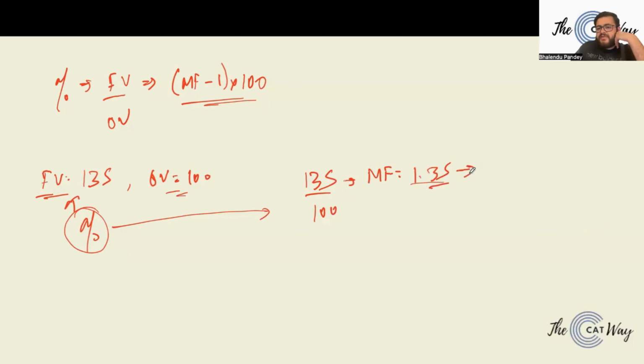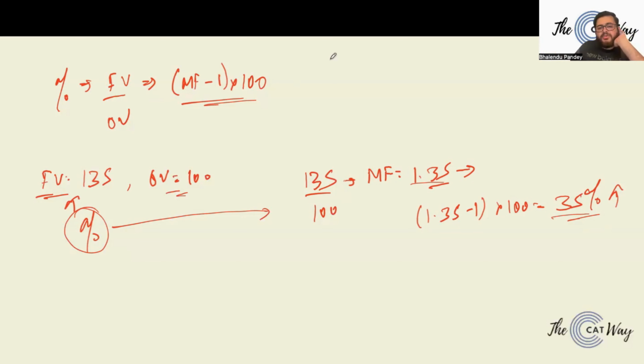Now this 1.35 simply means that 1.35 minus 1 multiply by 100, that is 35% is your percentage increase. So this 35% is your percentage increase. And this is something that you can do in any case. It's very simple to do that, right?